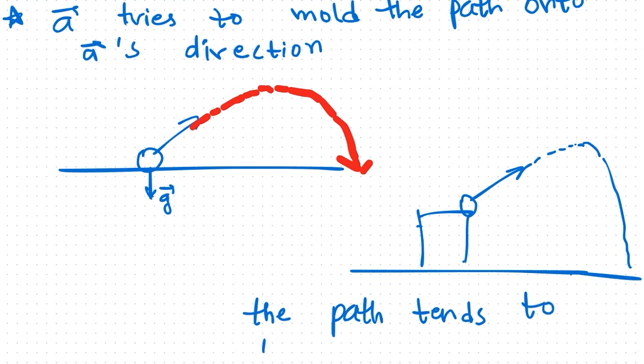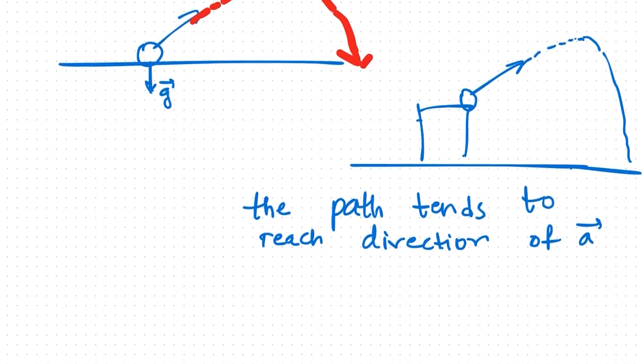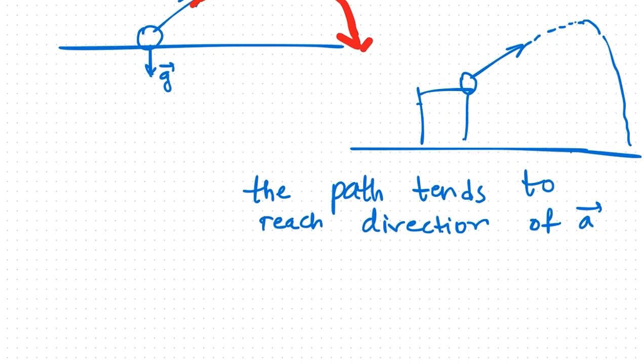The path tends to reach the direction of acceleration. In this case, acceleration is pointed vertically down. That is why it's like that.